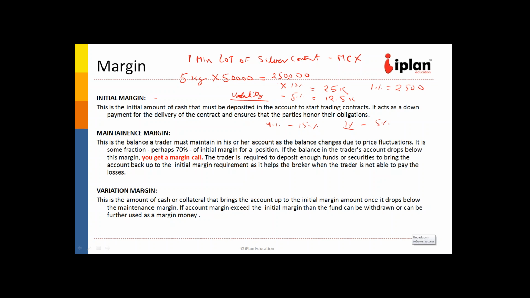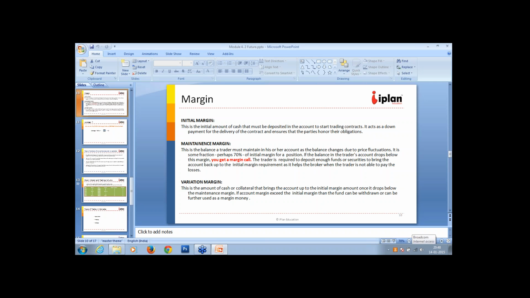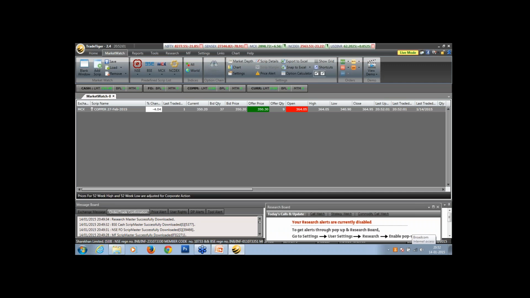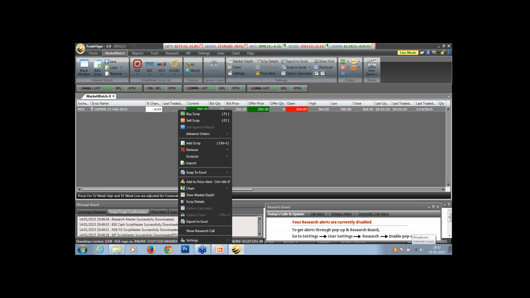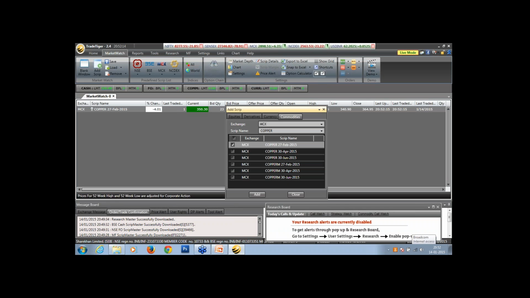So let's take an example. How do we calculate the initial margin to buy a contract? For that I have to log in to my account. To get the initial margin required to trade this contract, first I have to add the script I want to trade.